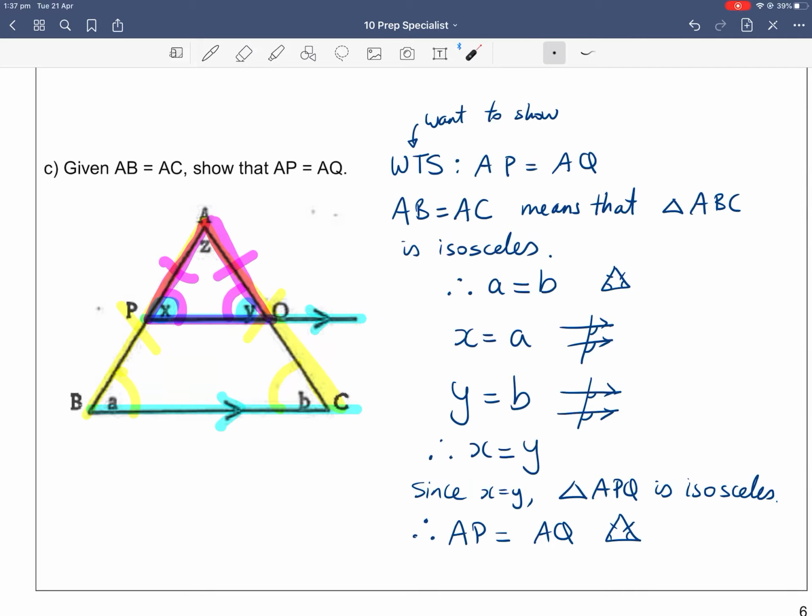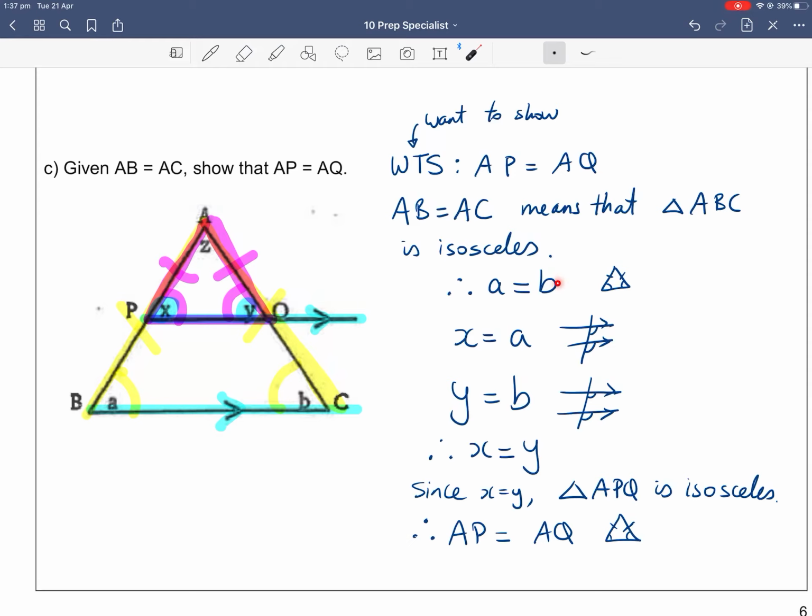In this case, we arrived at the conclusion that the bigger triangle ABC is isosceles because the two side lengths are the same. That tells us that these two bottom corner angles are the same. Then we could see that because of the indicated parallel lines, X and A are the same and Y and B are the same because of the corresponding angle, the F rule.